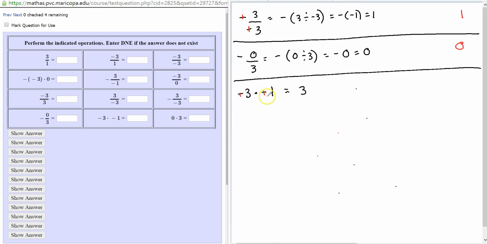Just make sure that you don't confuse this with an addition symbol. That's a sign of a number. And finally, 0 times 3, so 0 groups of 3. Well, 0 groups of 3 is going to be 0.